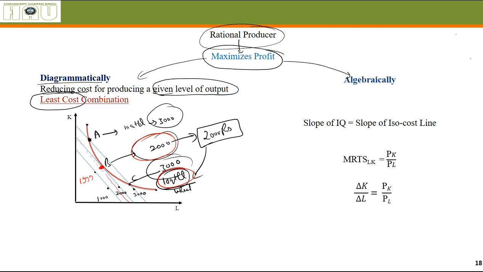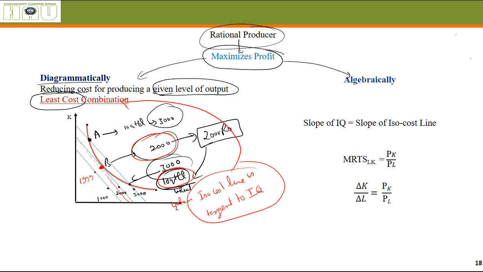So when the iso-cost line is tangent to the isoquant, that is the point which will show us the least cost combination.